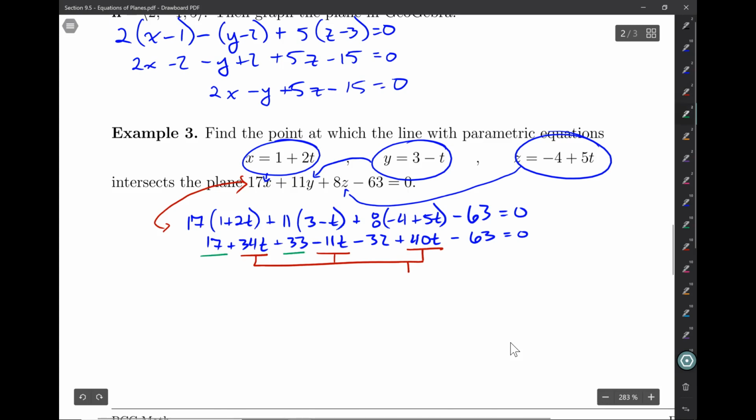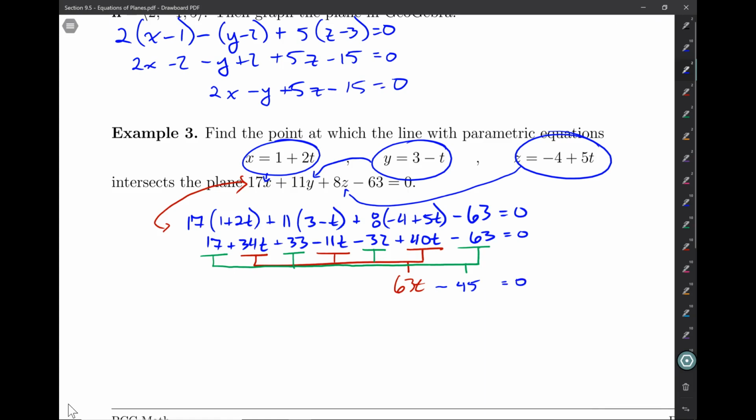Then 17, 33, negative 32, and negative 63 should all combine together to give us a particular constant value. Alright, so this comes to 63t minus 45 is equal to 0.